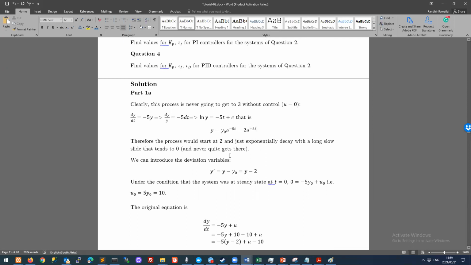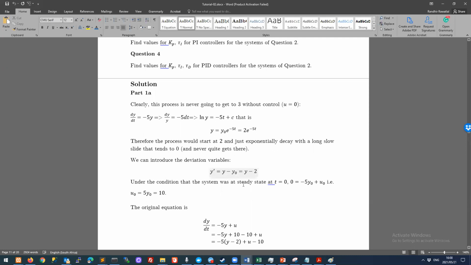So the first thing we do is create the deviation version of this problem. We are introducing our deviation variable here, y dashed, which is y minus the initial value. Initial value is 2, right? So our actual state variable y minus 2, that's the deviation version of that.